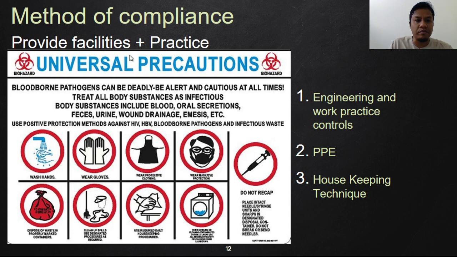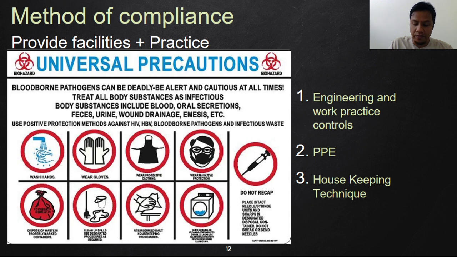First, by providing engineering and workplace work practice controls. These include hand washing facilities and enforced hand washing policies. Needles and other sharp objects must be handled with great care and caution.